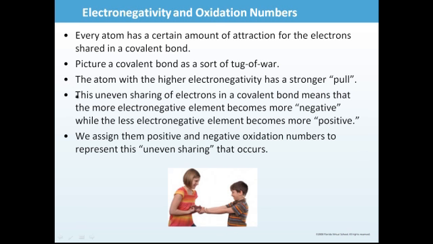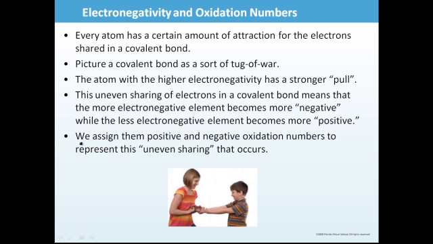So we have to represent this uneven sharing. And the way we do it is real simple. The one that is more electronegative is going to be more negative within the bond, and the one that's less electronegative is going to be positive. So we do that by simply assigning what we call oxidation numbers.